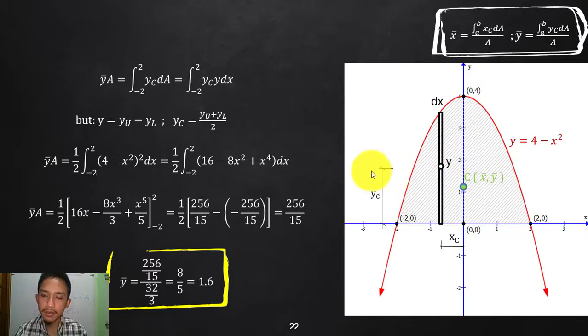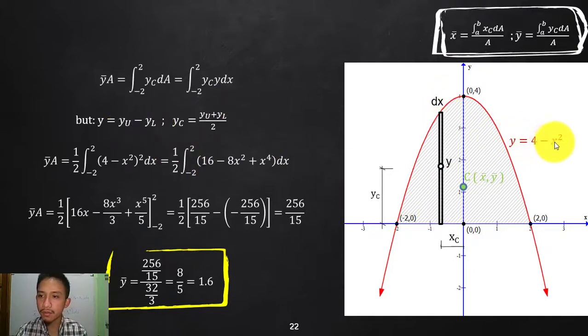So what I will do is get the average of your y. What is the average of y? That is y upper plus y lower divided by 2. And then your y will be y upper minus y lower. What is the y upper again?